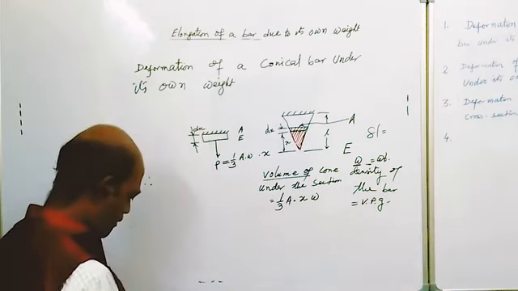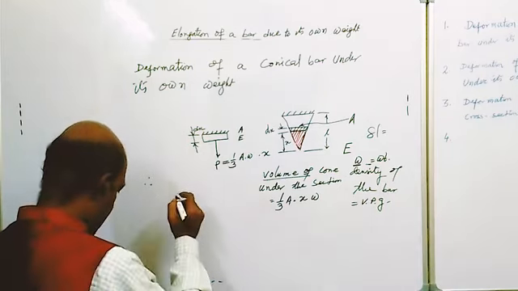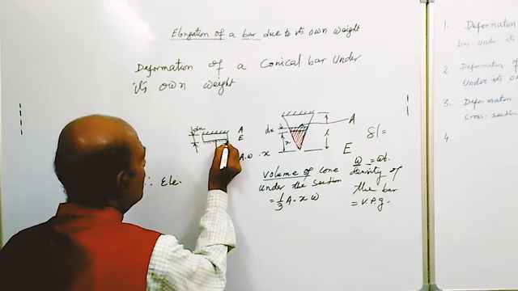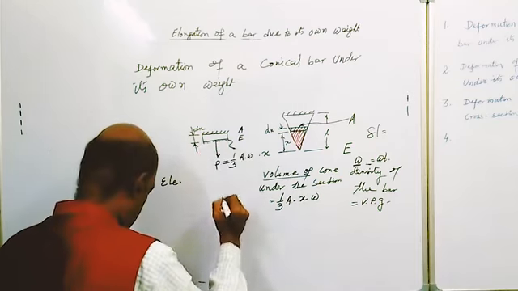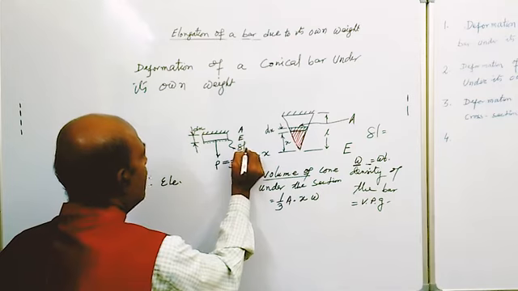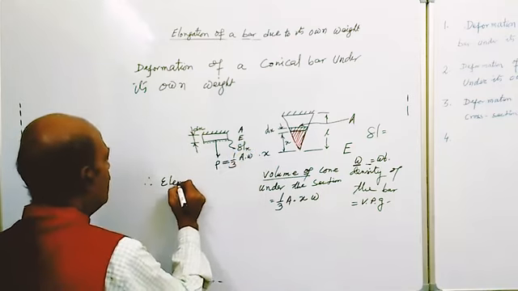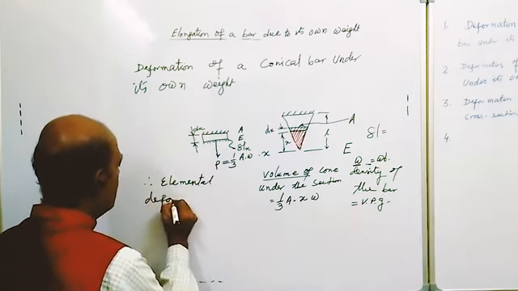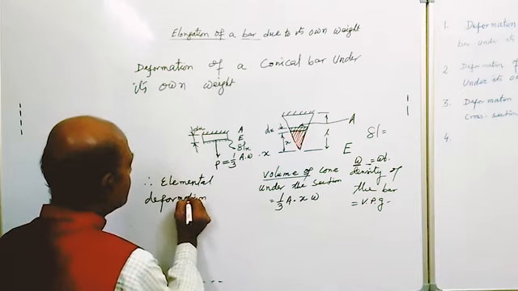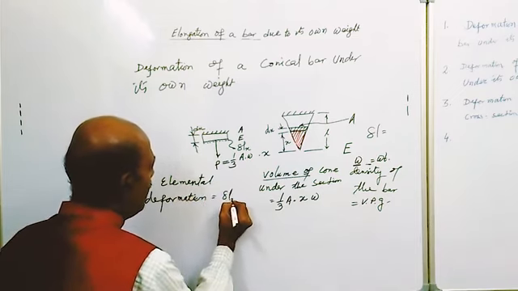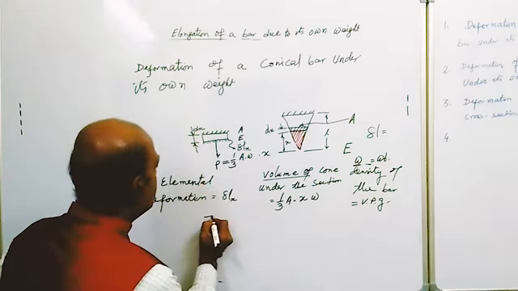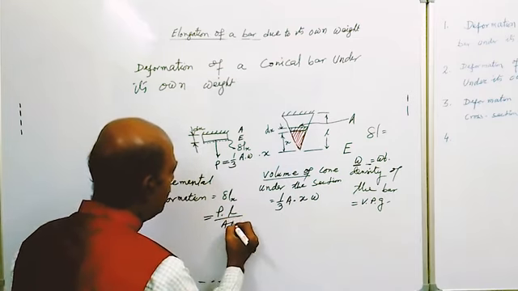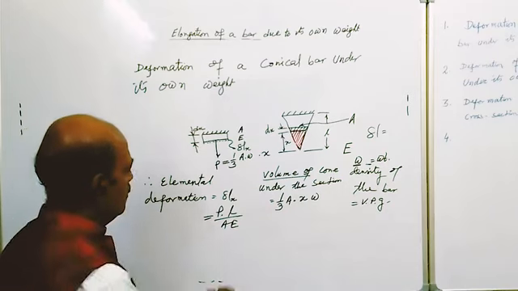Therefore, we know the elemental deformation. That means this bar will deform by some amount. So that is given by delta L, which is at a distance x. So elemental deformation delta L at a distance x is equal to, by the direct formula, P into L by A into E. Now we will put the values.